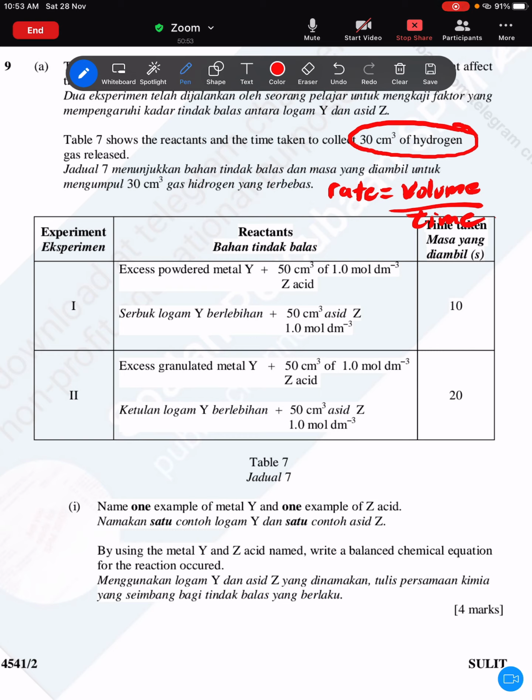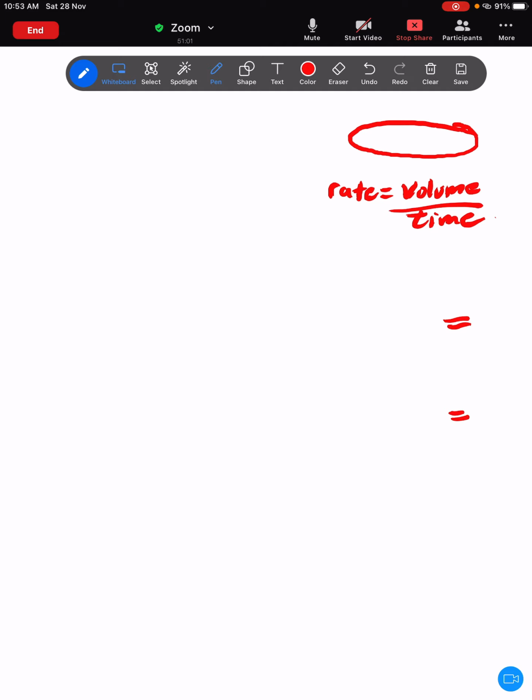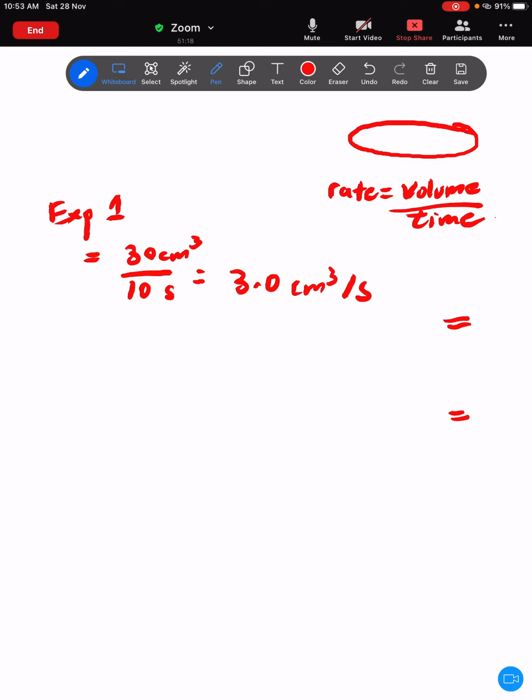Therefore, the volume is 30, and the time taken is either 10 or 20. For experiment 1, the volume is 30 cm cubic and the time taken is 10 seconds. Therefore, it is 3.0 cm cubic per second.